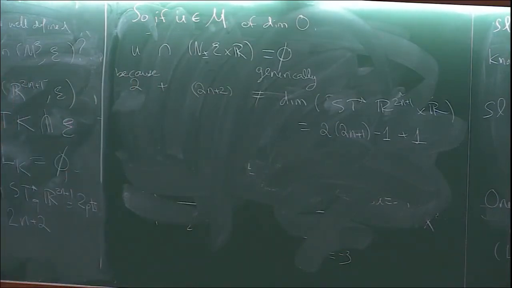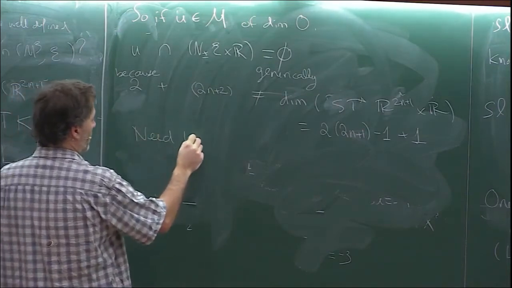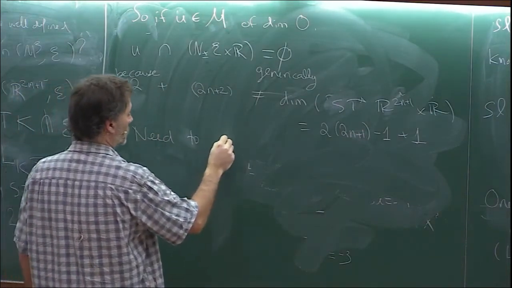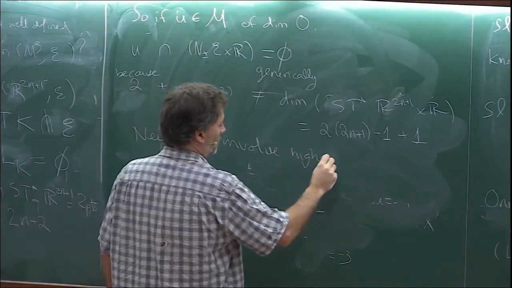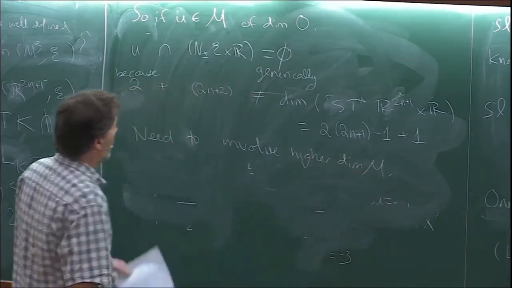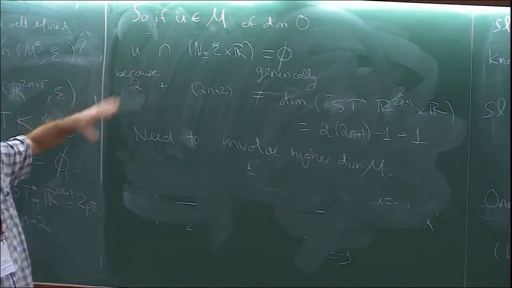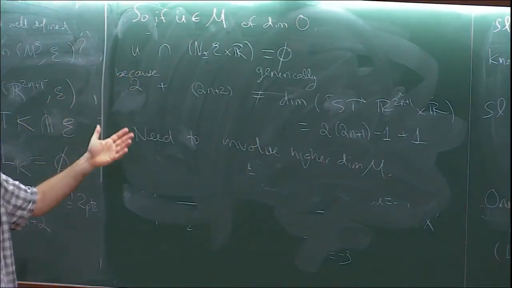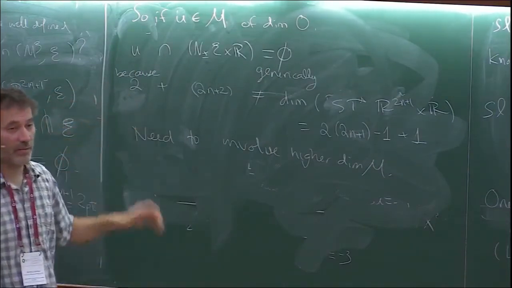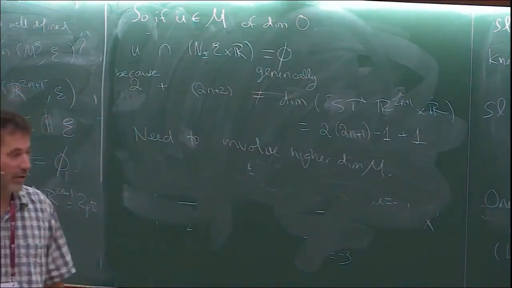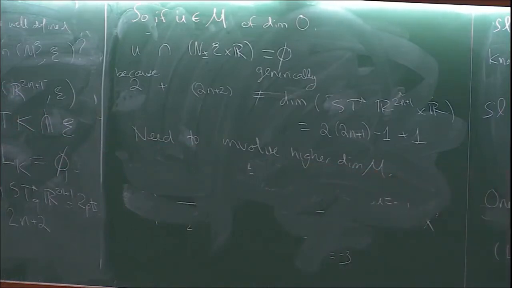Okay, so what you would have to do if you wanted to get this theory to work is you need to look at higher dimensional moduli spaces. So that instead of looking at points in the moduli space, whose curves give you two-dimensional things in the symplectic manifold, you'd be looking at larger moduli spaces, the union of whose curves will give you larger dimensional things in the symplectic manifold, such that this intersection works, and then hopefully you define some invariant where d squared equals 0.